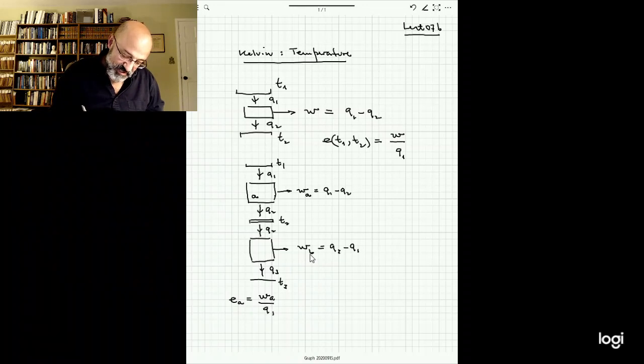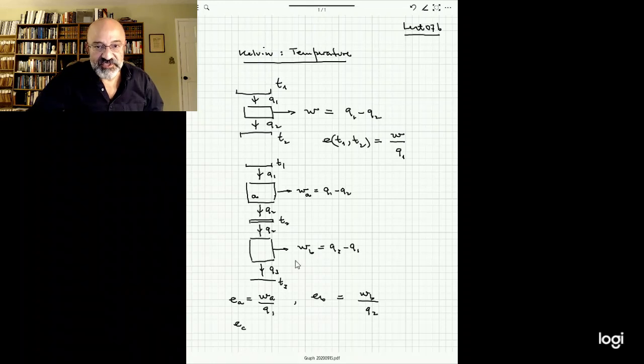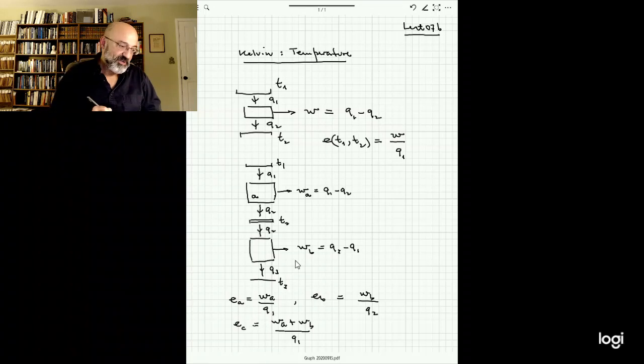The efficiency of engine B is going to be WB divided by Q2. And there is also the efficiency of the combined machine, which is going to be the amount of work produced by the whole thing, WA plus WB, divided by Q1.